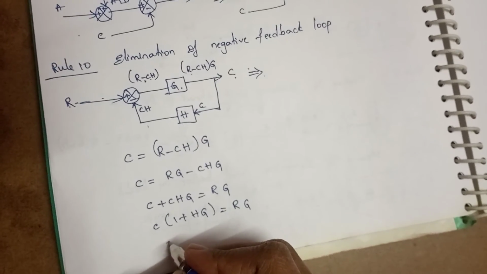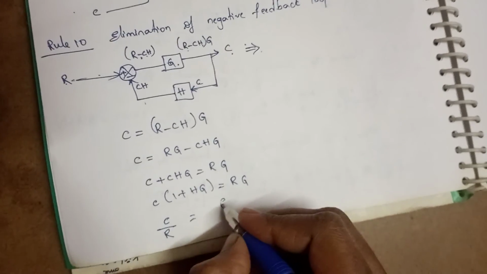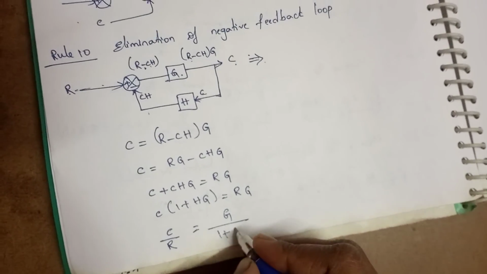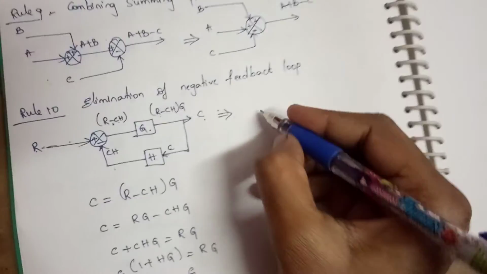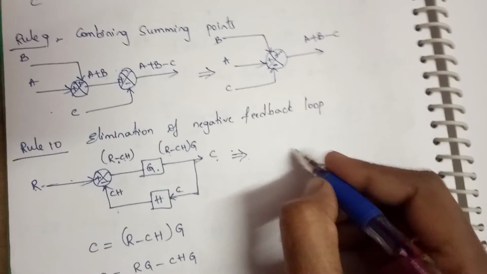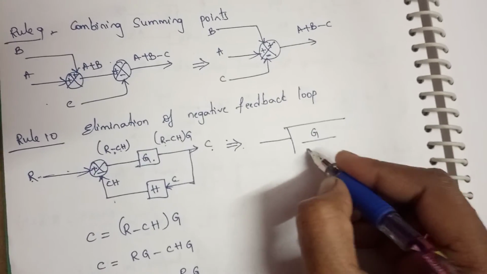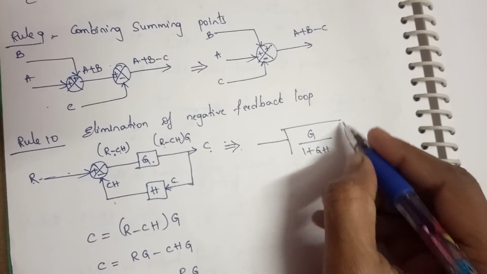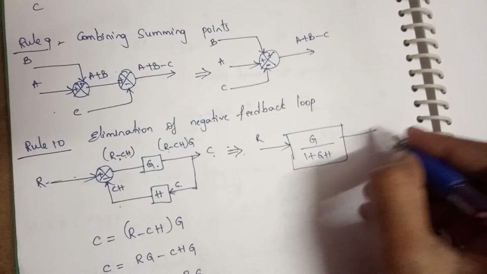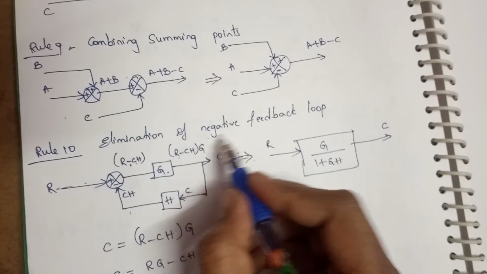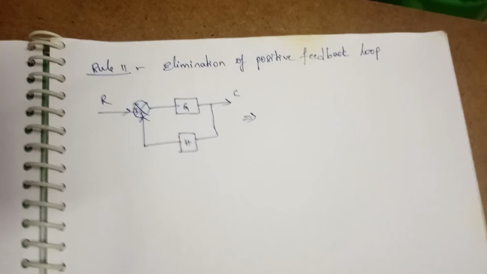Now output by input: C by R is equal to G by 1 plus GH. So this is the transfer function for this block diagram, G by 1 plus GH. This is R, this is C. For negative feedback, we get G by 1 plus GH.